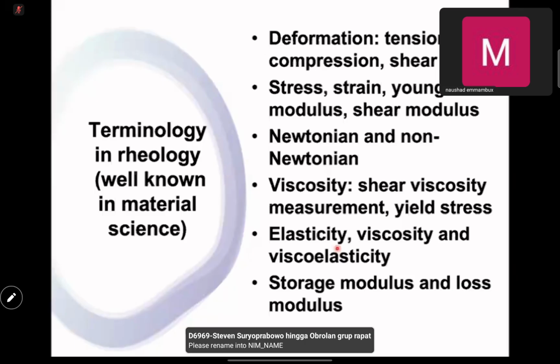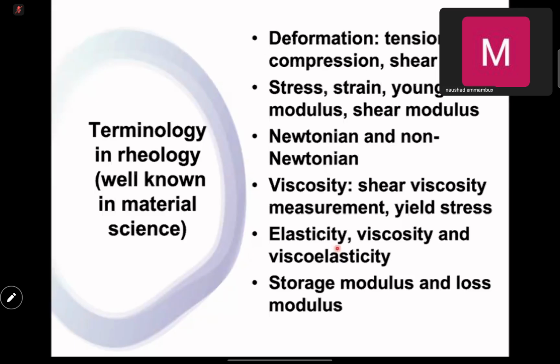And people talk about elasticity, viscosity, and viscoelastic properties. And people talk about storage modulus and loss modulus, or certain people will talk about tan delta. When you read these papers or book chapters, you need these to understand rheology. And this terminology is very well known in material science.